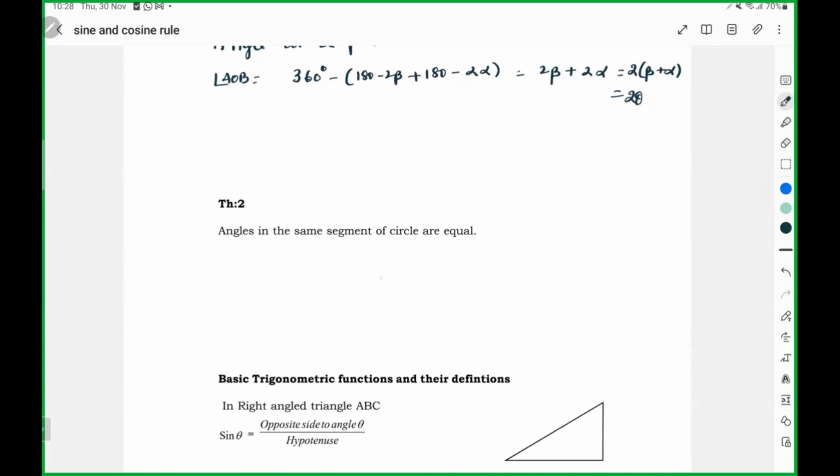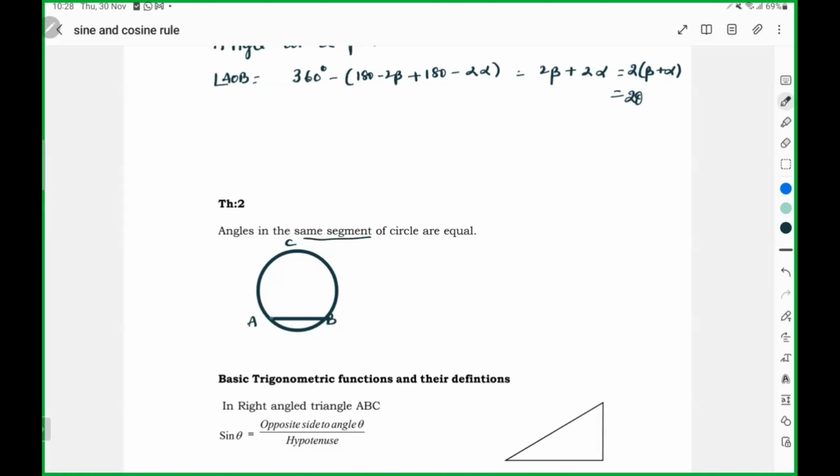Related to this, if you take this as a chord, ACB will be one segment.